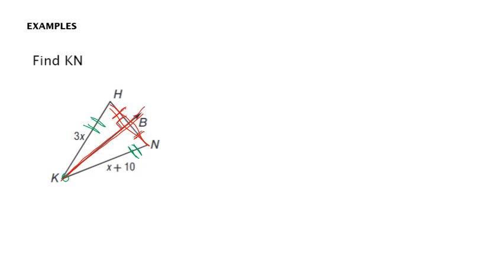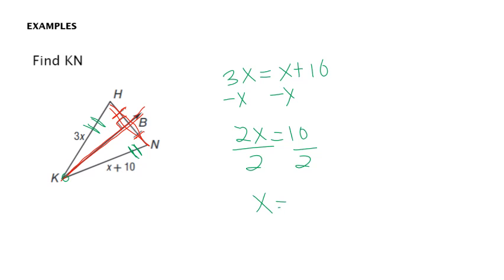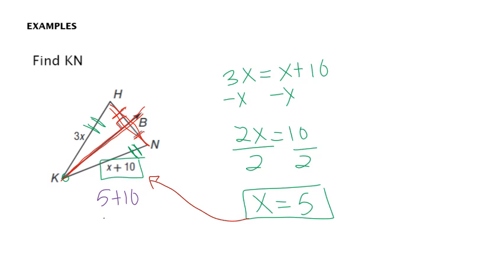Since those are equal, I can set their expressions equal. We can solve for x, and the question is asking for the length of KN. KN is x plus 10, so I'm going to substitute that 5 in, and we get 15. So KN is equal to 15.